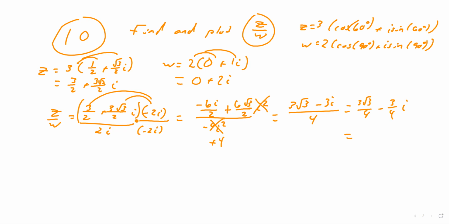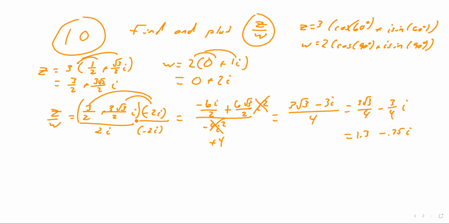So what is 3 square roots of 3/4 as a decimal? 1.3, it's fine. Okay, gotcha. And then obviously 3/4 is 0.75.